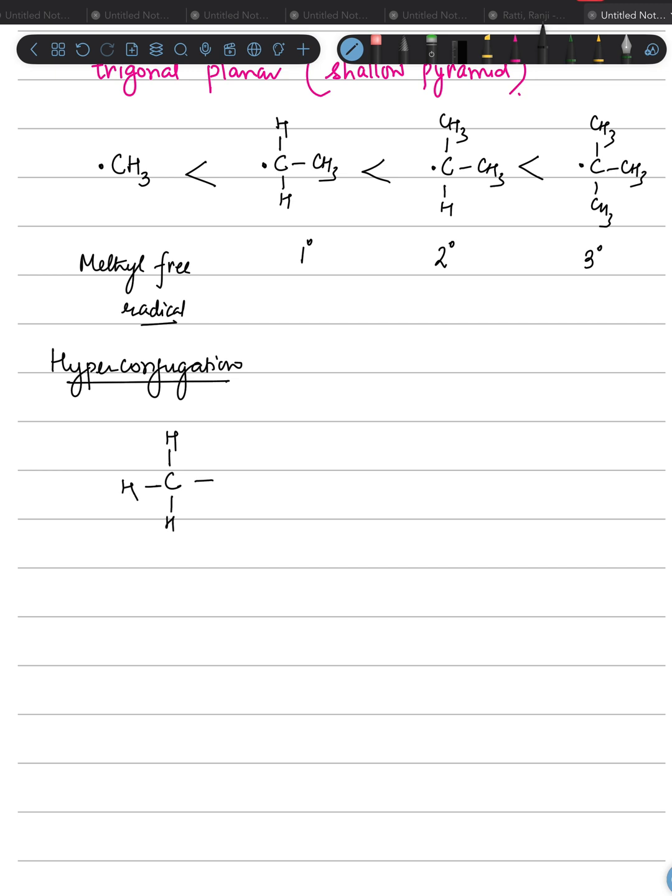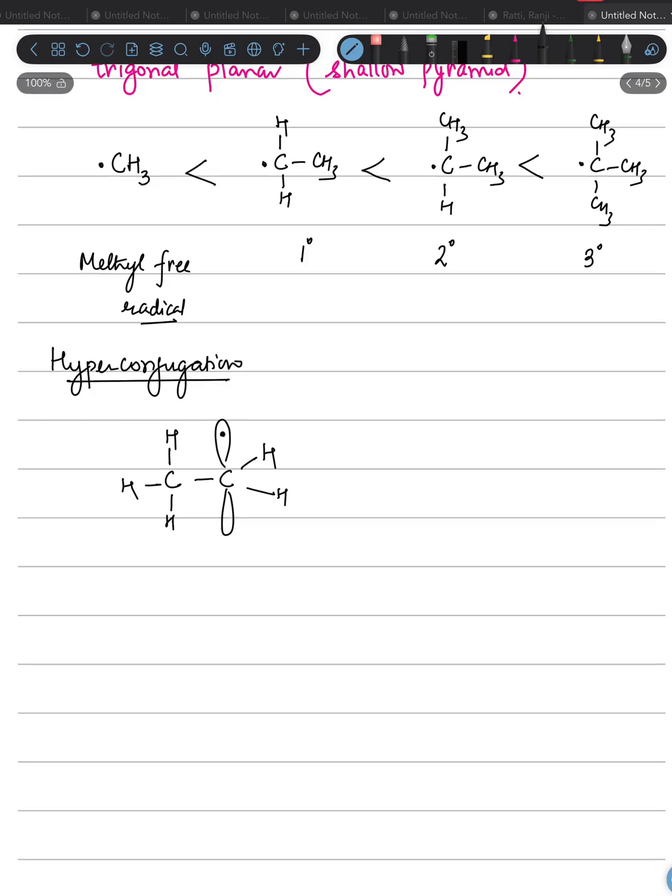And then CH2, which contains the odd electron. So I'm drawing the odd electron in this orbital, right? Since this is electron deficient, and we know that the more a charge spreads, or the more space an electron has to move around, the greater the delocalization of the electron or charge, the more is the stability.